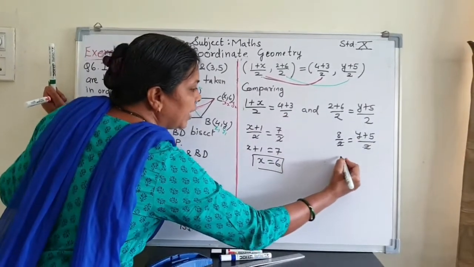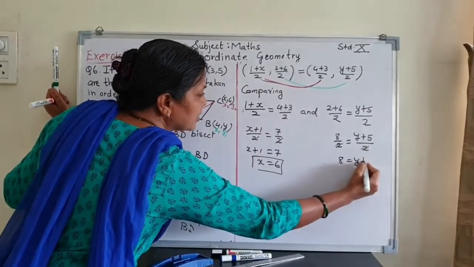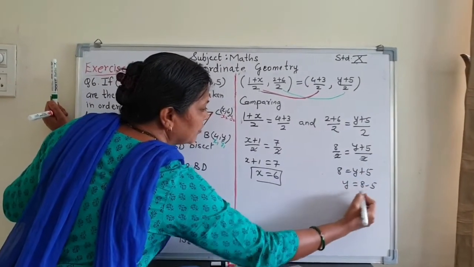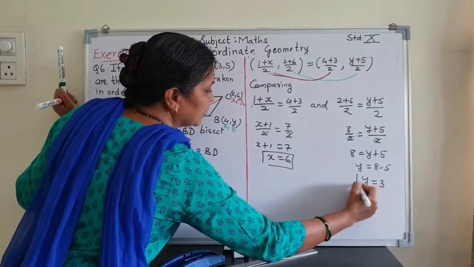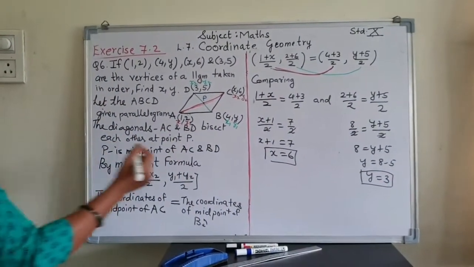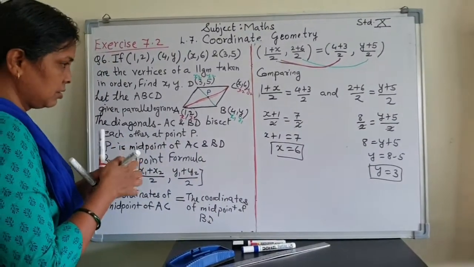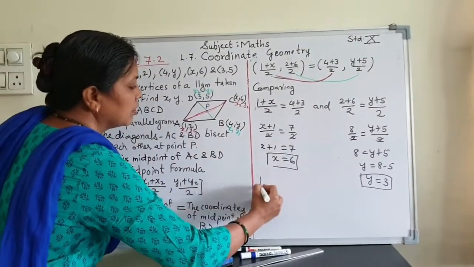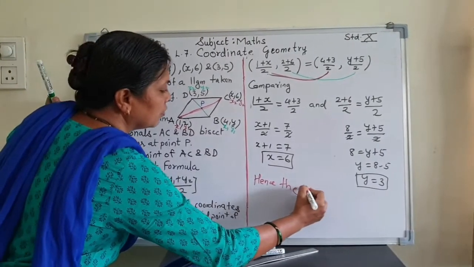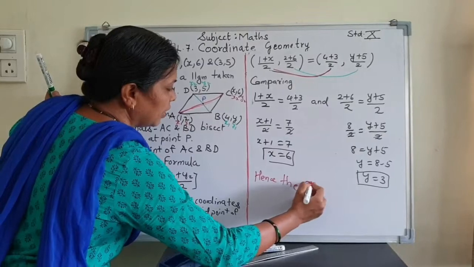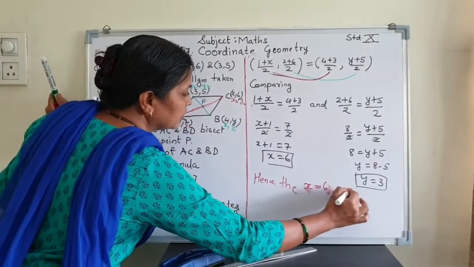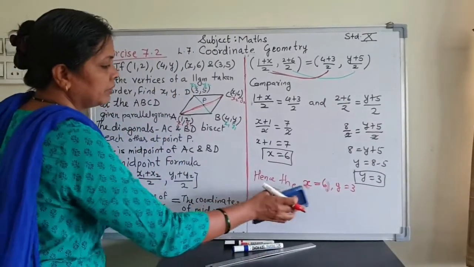So 8 is equal to y plus 5. So y will be 8 minus 5, y will be 3. Hence x is equal to 6 and y is equal to 3. That is what we get.